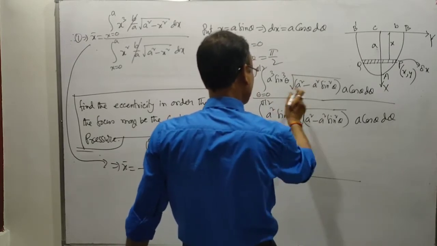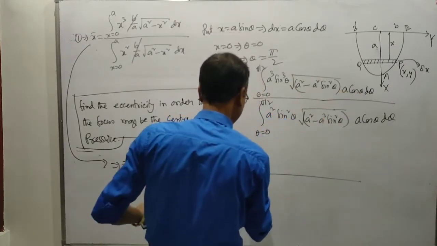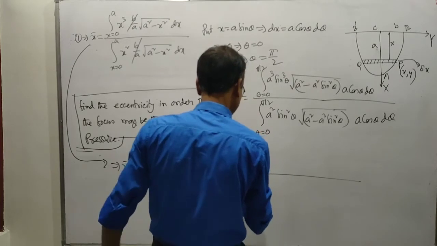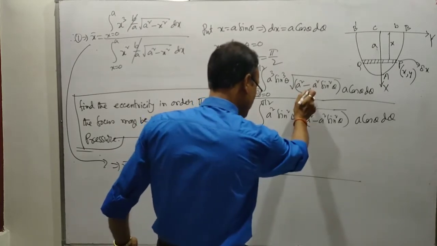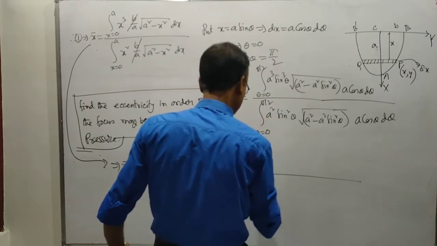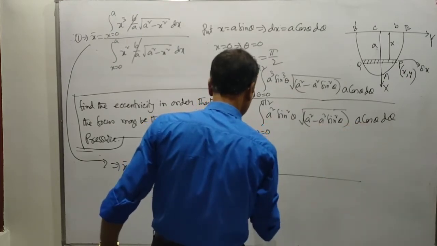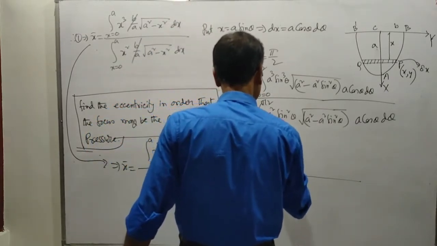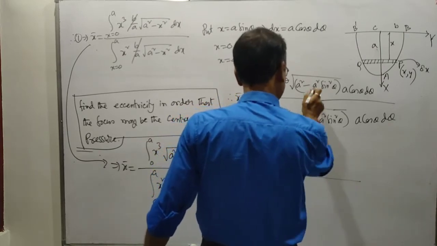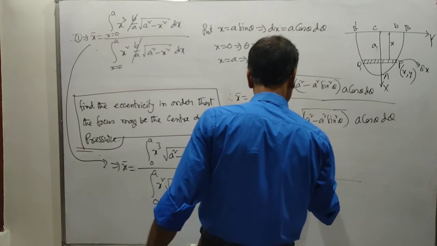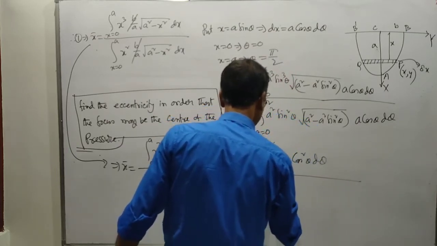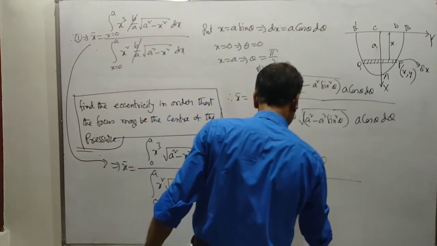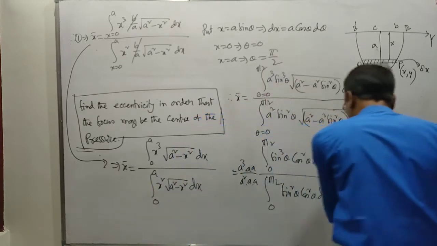This is equal to a cube into, from here, a, another a square, a and a, so a to the power 5 by a to the power 4, times the integration from 0 to pi by 2 of sin cube theta, which is cos theta into cos square theta, d theta, divided by the integration from 0 to pi by 2 of sin square theta cos square theta d theta.